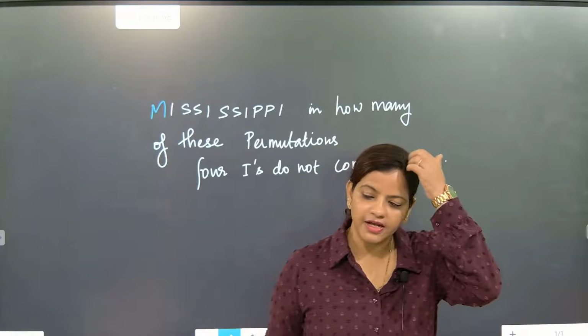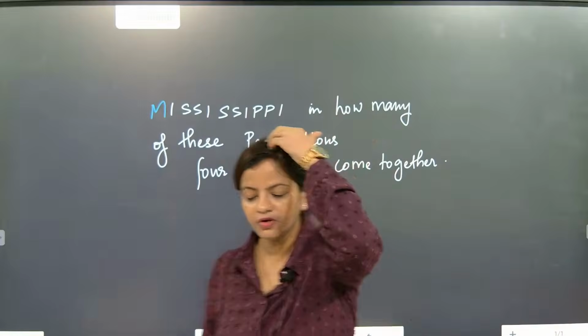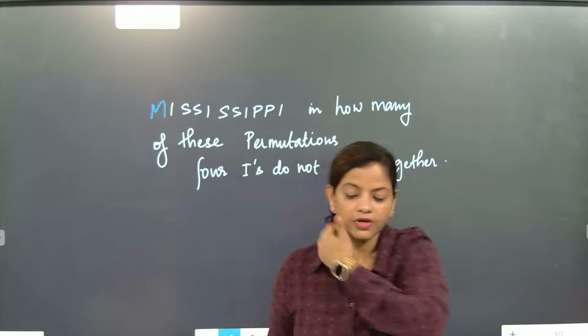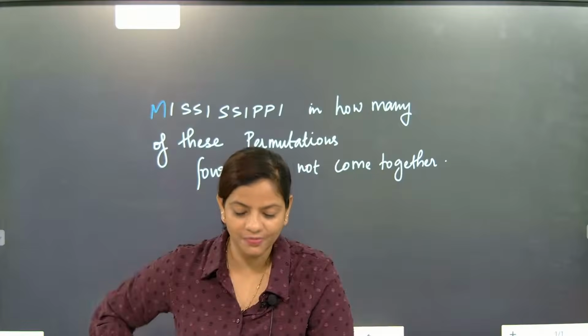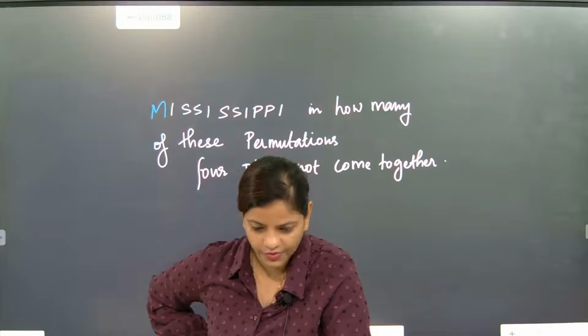So this is exactly for the letters of the word, permutation. How are we going to deal with the letters of the word? Now look here, the letters of the word Mississippi in permutation. So let's check this one out and we are going to solve these questions.